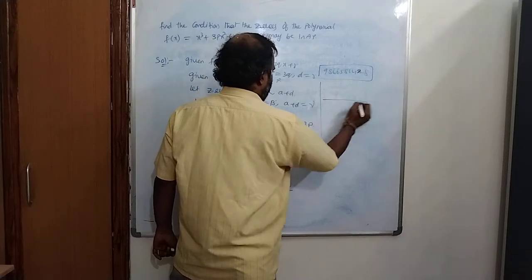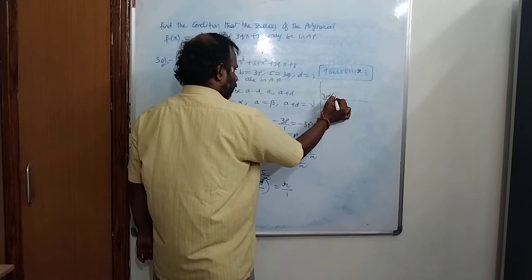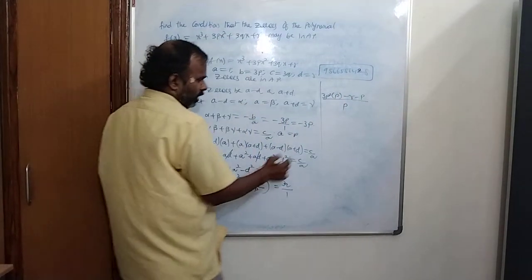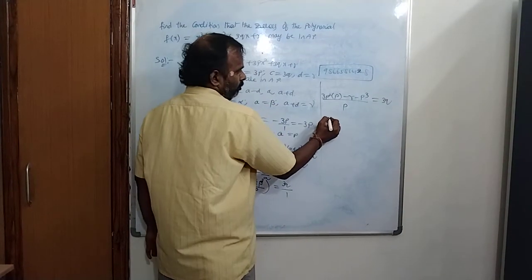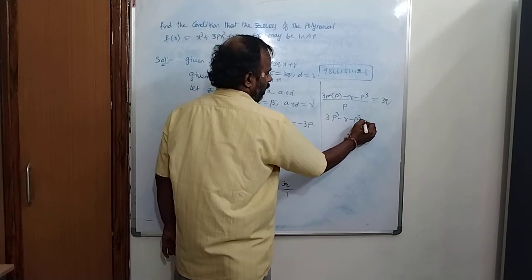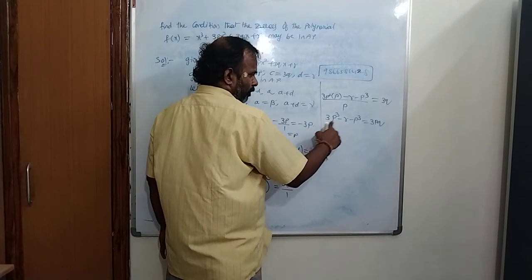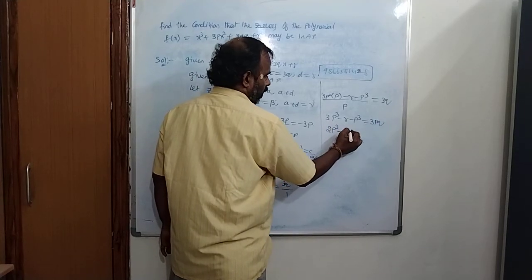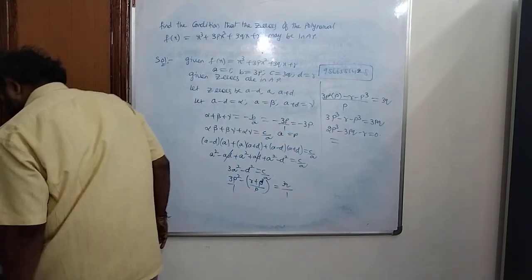So LCM will be p. So 3p square into p minus r, see here, minus r minus p cube, is equal to 3q. So here 3p cube minus r minus p cube is equal to 3pq. 3p cube minus p cube is 2p cube. So 2p cube minus 3pq plus r is equal to 0.